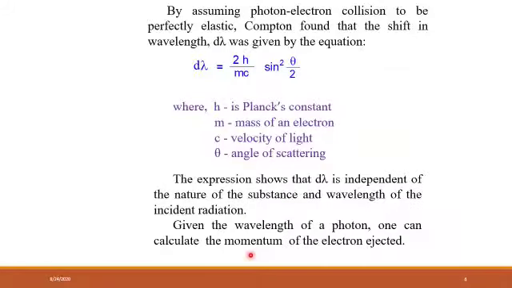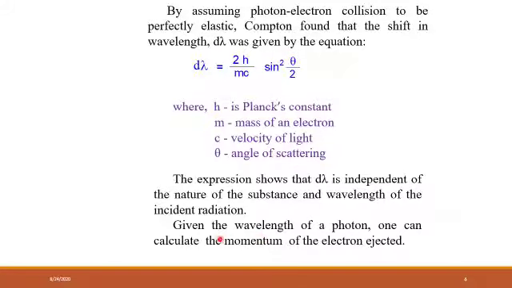By assuming the photon-electron collision to be perfectly elastic, Compton found that the shift in wavelength, d lambda, was given by the equation d lambda is equal to 2h upon mc sine square theta by 2, where h is Planck's constant, m is the mass of an electron, c is the velocity of light, and theta is the angle of scattering.